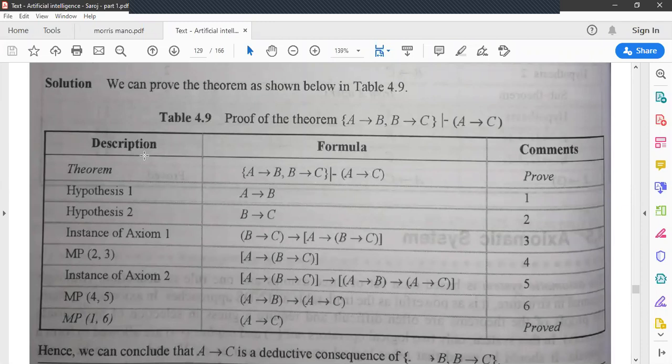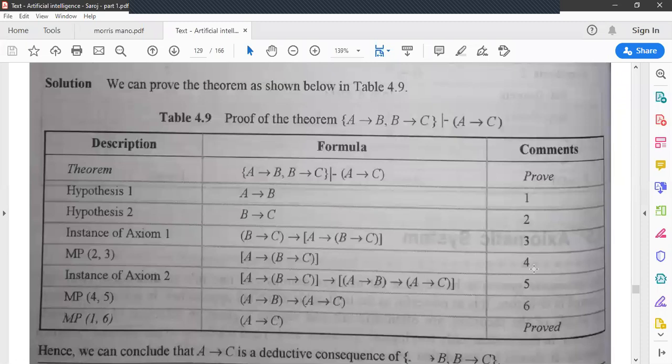And if you observe, all the tables have 3 columns. First one is the description, in which you mention whether it is a hypothesis, an axiom, or a rule that you are applying. Here the third column specifies the line number.